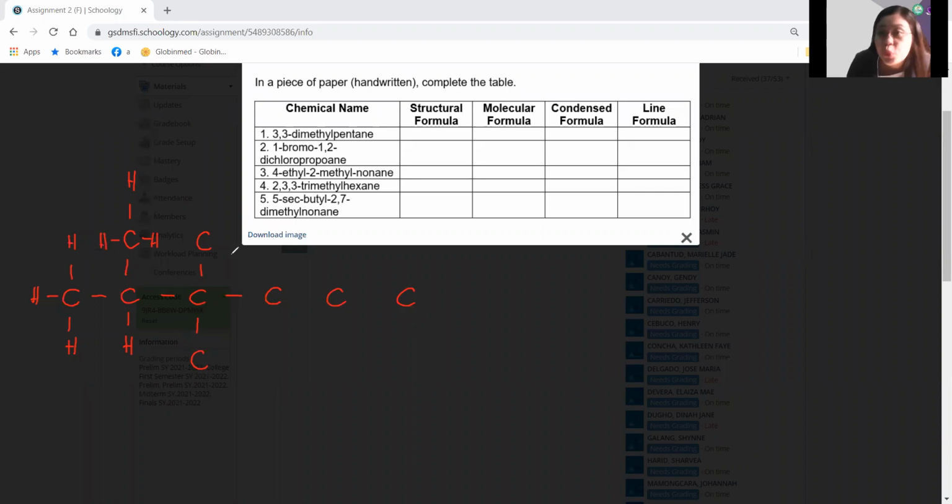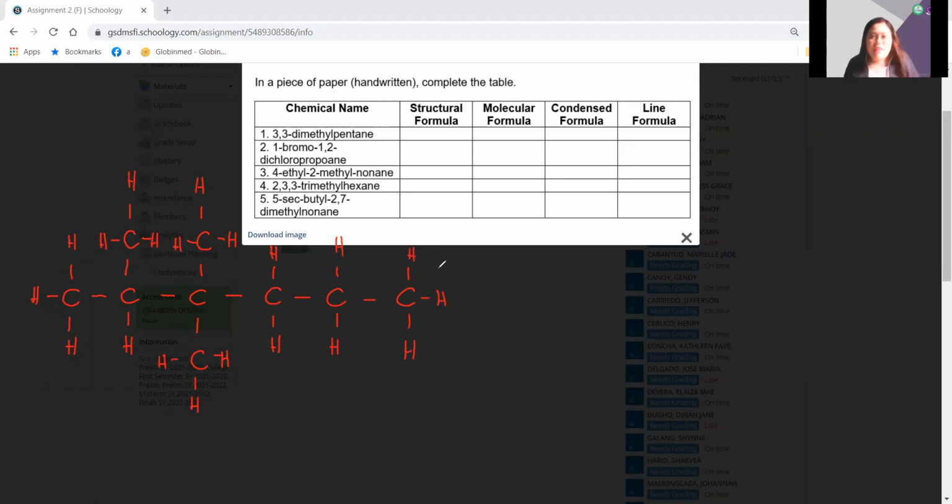So again, no need to write more hydrogen there. Pero ito, kailangan niya ng 3. That is also the same here, para makompleto yung 4 na bonds. And then this time, 2 bonds, so 2 hydrogen na lang ang kulang. That is also true for this carbon. And lastly, we have here the hydrogen.